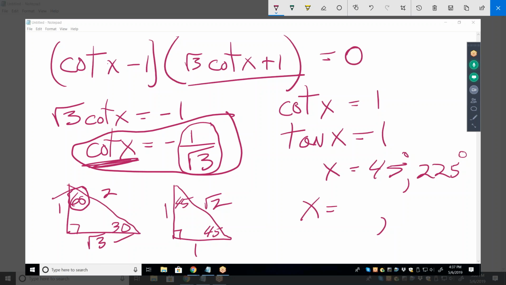Correct. So what's the second one? What's the second quadrant equivalent of 60 degrees? Here, I'm going to write 60 degrees down here like that. And now just figure out what's the second and what's the fourth. 120 degrees.